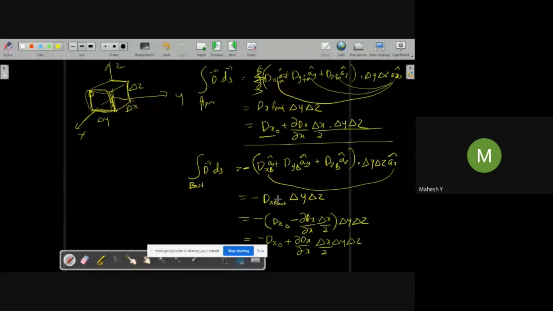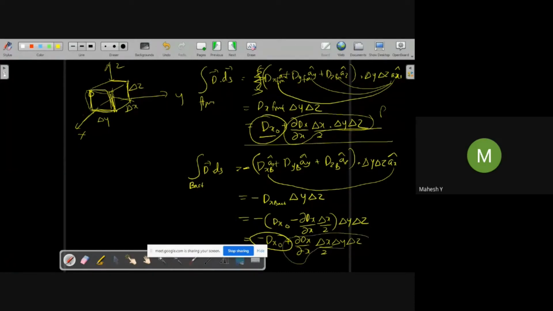Now, if you add front and back, what happens? dx0 and minus dx0 cancel. Only dou dx by dou x into delta x delta y delta z is left. It's just like if I consider this as some term p, so this will be p by 2. Here also you have the same p by 2. So if you add both, half p plus half p, it will be p, right?